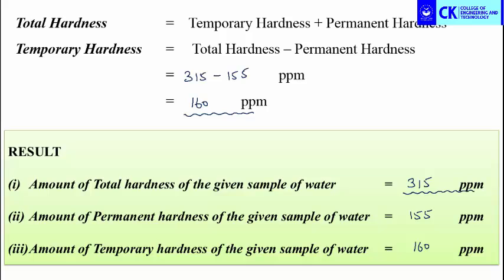These are the results of this volumetric titration. From this titration we have calculated the total, permanent and temporary hardness of the given unknown water sample. So this is the calculation and working procedure for the determination of total, permanent and temporary hardness of a water sample using the EDTA method. Thanks for watching and thanks for listening.